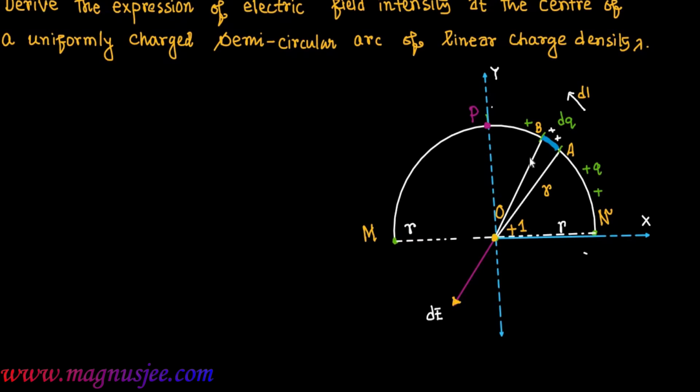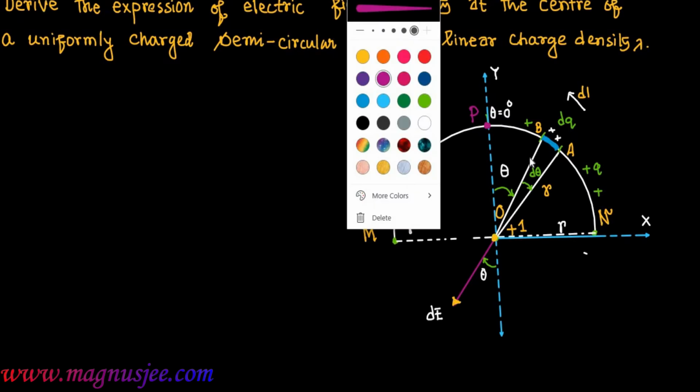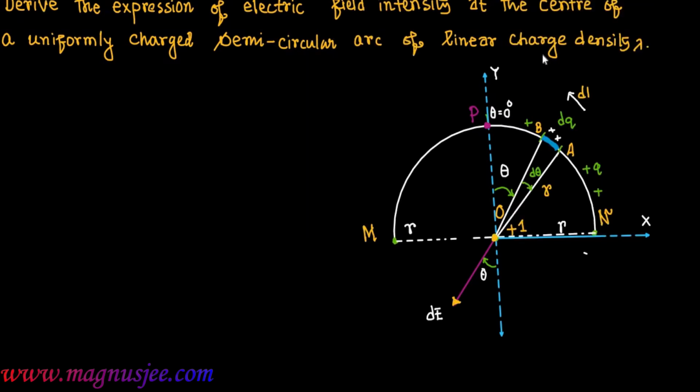The angle subtended by the small portion AB is d theta at the center O, and this small portion AB is at an angle theta with the y-axis.